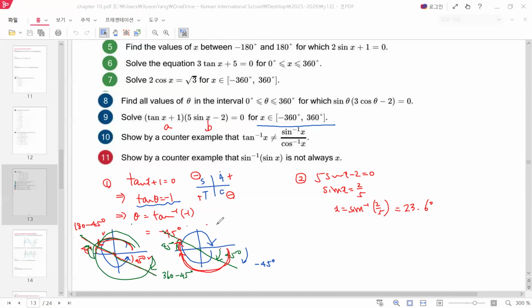So therefore, x equals 45 and 180 minus 45, which is 135, and negative 45 degrees, and negative 180 minus negative 45, which is negative 225. You can find the four solutions from the first equation.